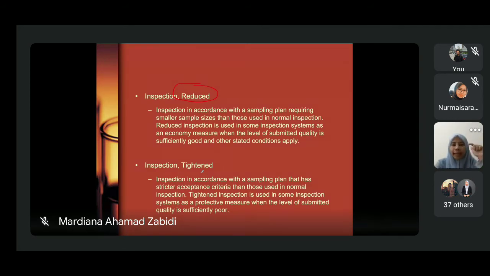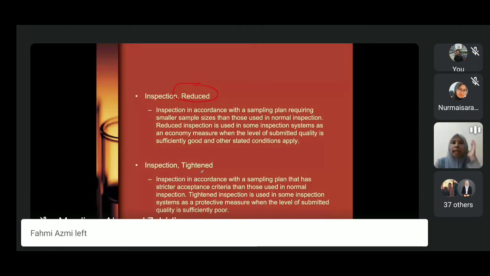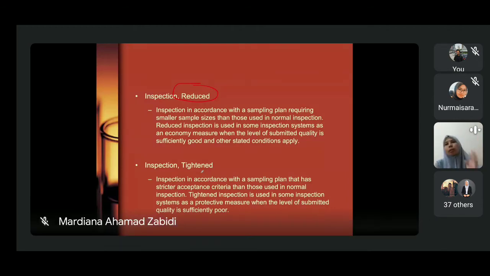But then untuk Titan inspection ni kita tak boleh buat selama-lamanya. Sebab kita kata, oh kita rasa tak confident dengan supplier ni, so selama-lamanya I nak open up 15 carton boxes. No, you cannot, because when you perform Titan inspection, you are using more time in order to conduct the sampling.